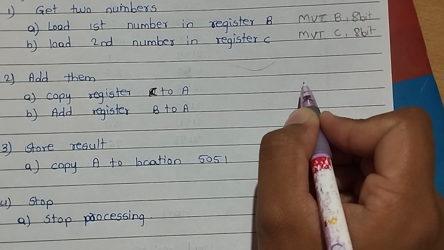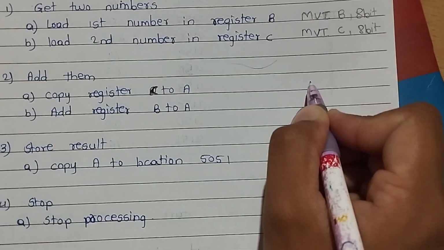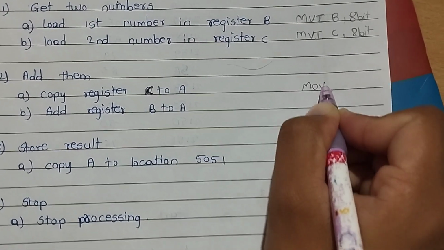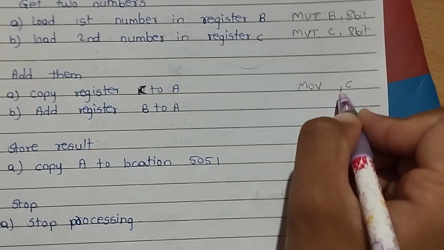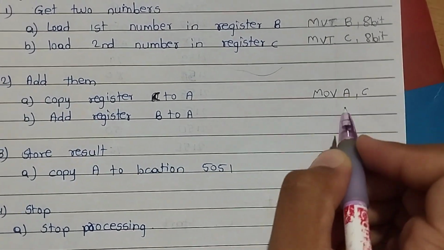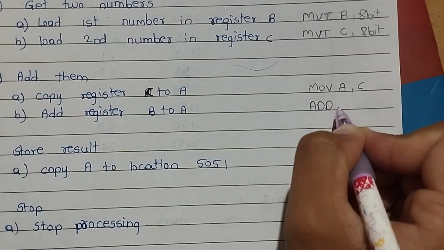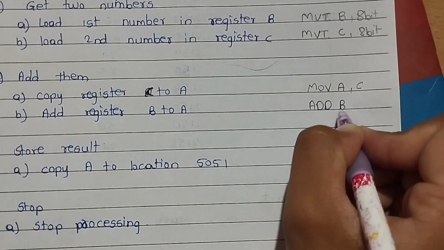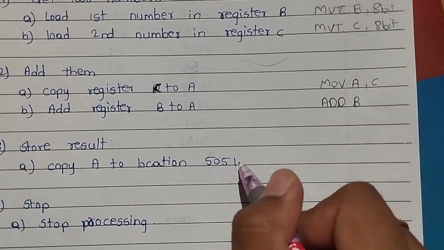Now the second step, copy register C to A, so we use move instruction, MOV A, C. Then add B, and then store the result in location 5051.